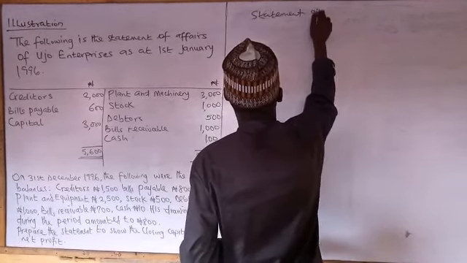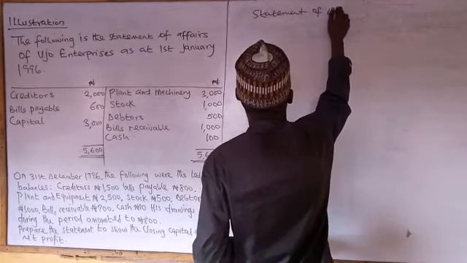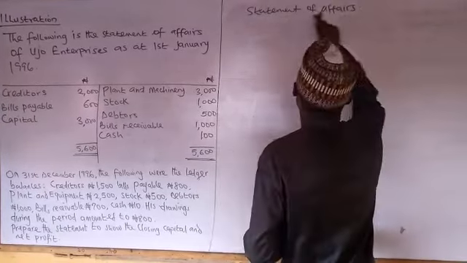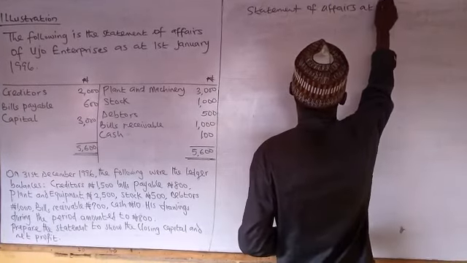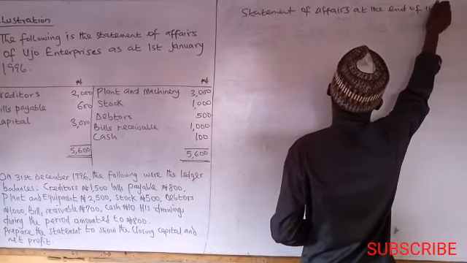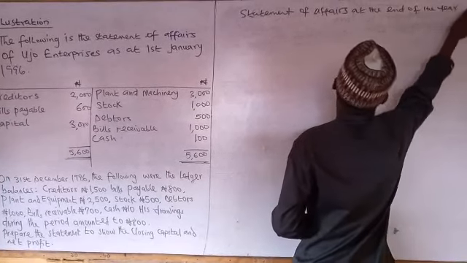Remember, the essence of doing this statement of affairs at the end of the year is to determine our closing capital. Statement of affairs at the end of the year.